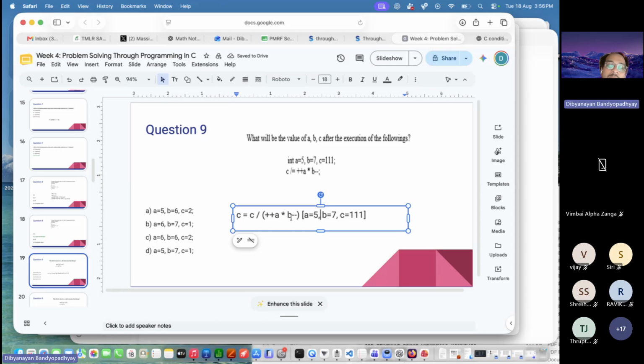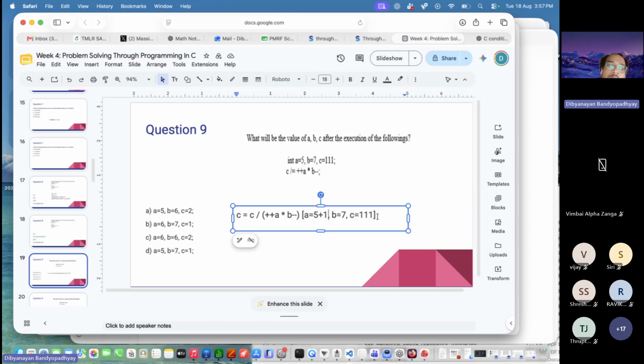Even before performing A times B, the pre-increment operator is on A, so before the multiplication the value of A will be incremented to 6. But B will not be decremented because it is a post-decrement operation.